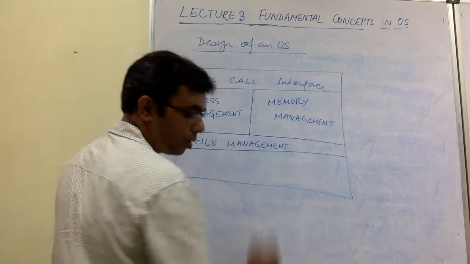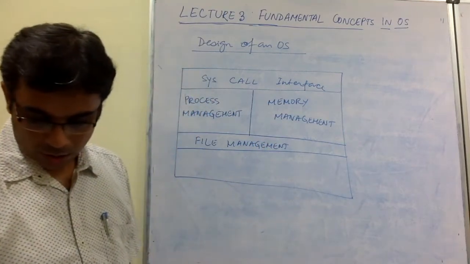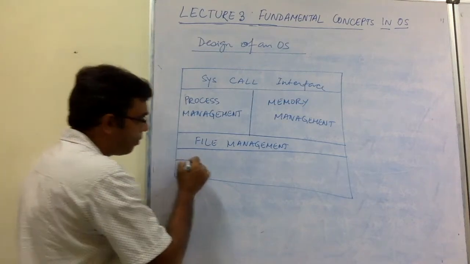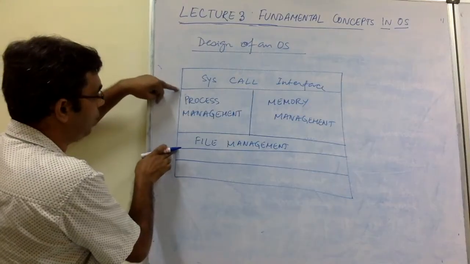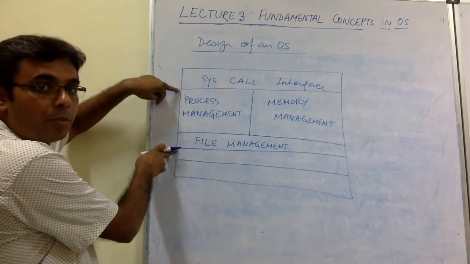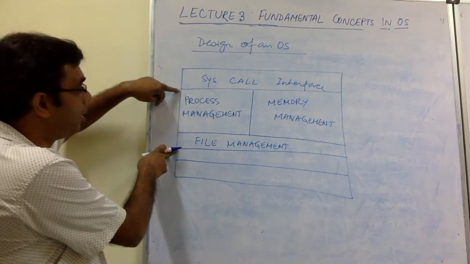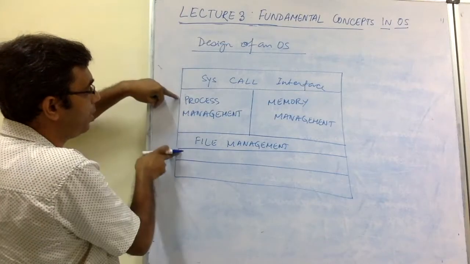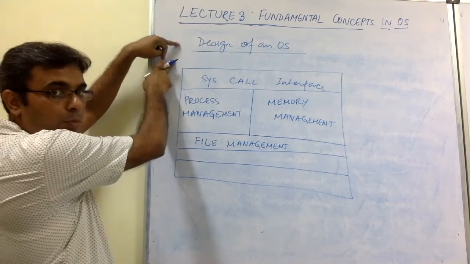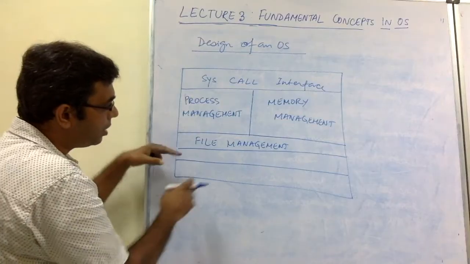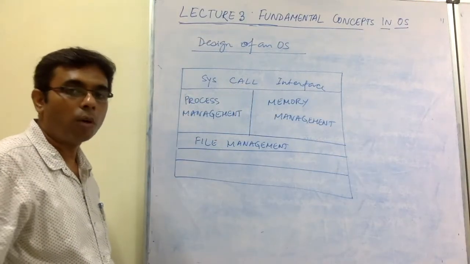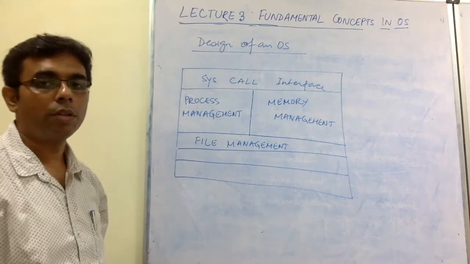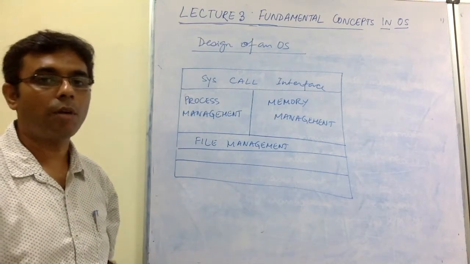So these are the utilities that we expect to be present in the kernel. And this is the mechanism through which these utilities will be accessed by the application programs. All these management techniques, the three managements that we are talking about, what are they used for? They are used for access of hardware.